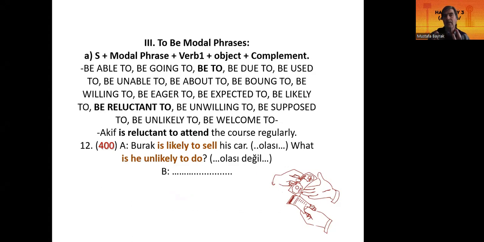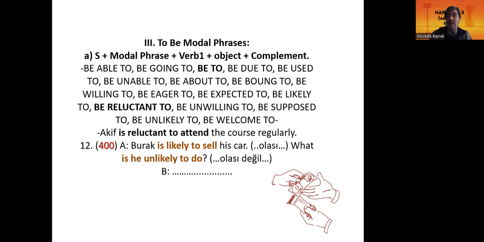For example, at the moment, we are about to start reported speech, direct and indirect speeches in English. We haven't started yet, but we are about to. In the next video, we are going to start reported speech. Be about to do something.